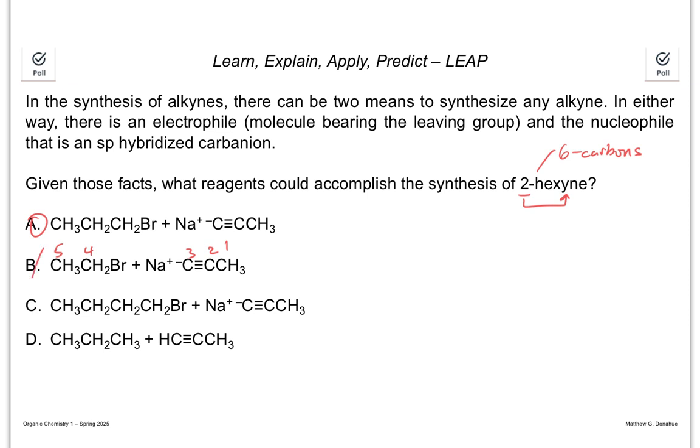We can do the same for C: 1, 2, 3, 4, 5, 6, 7. It's too many. What's wrong with choice D? That seems to have 6 carbons.